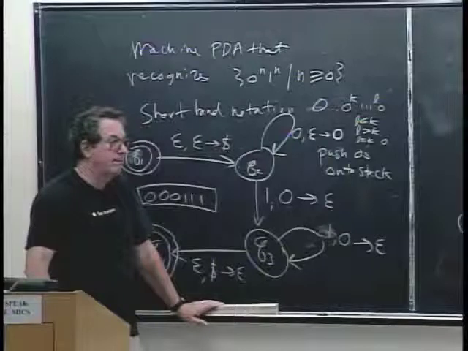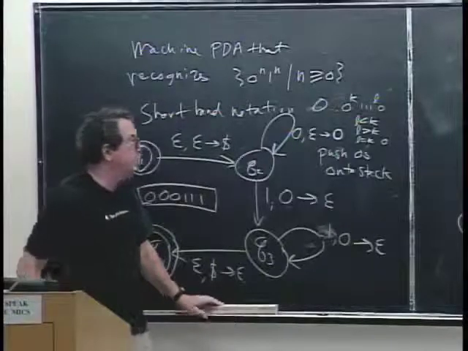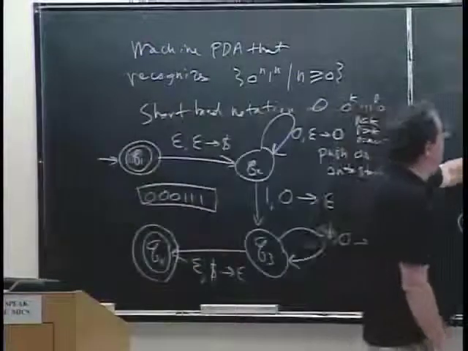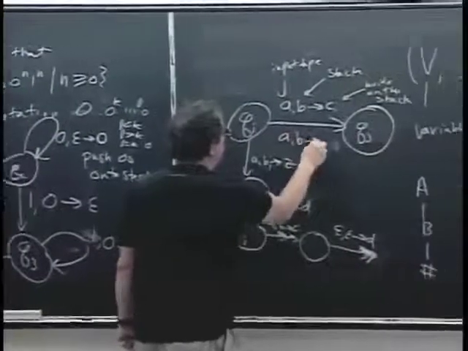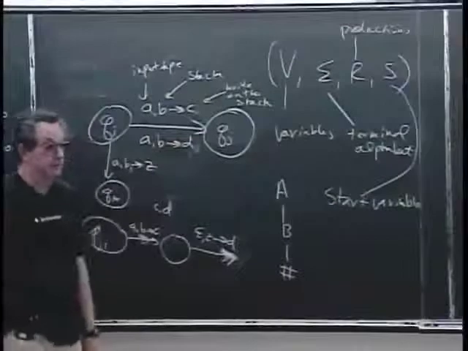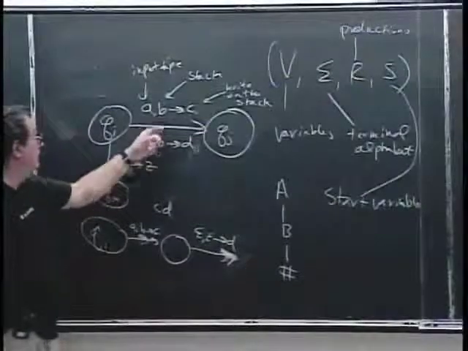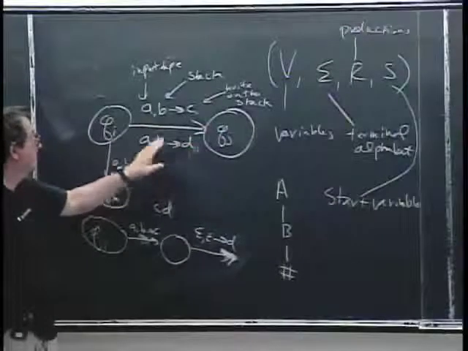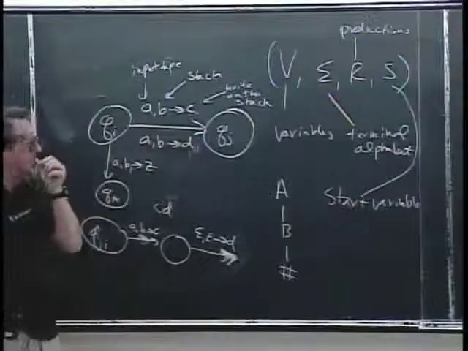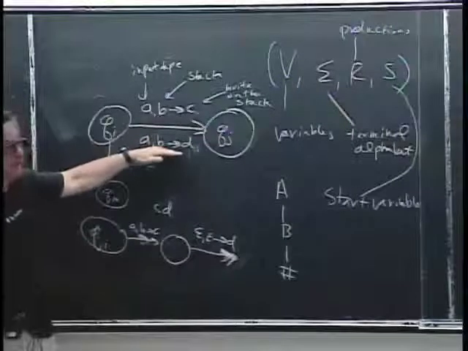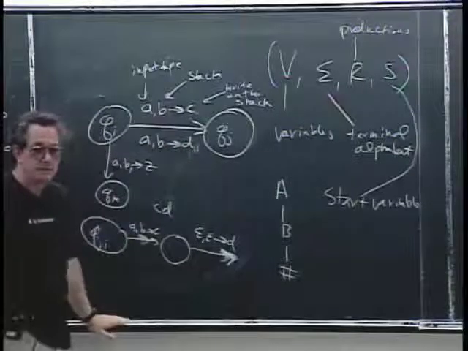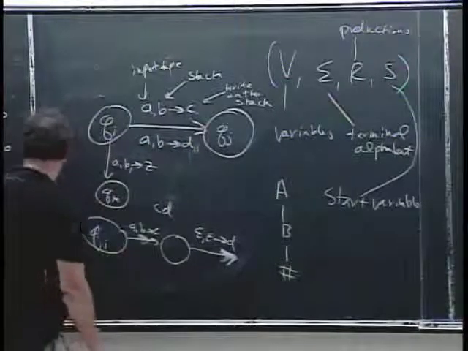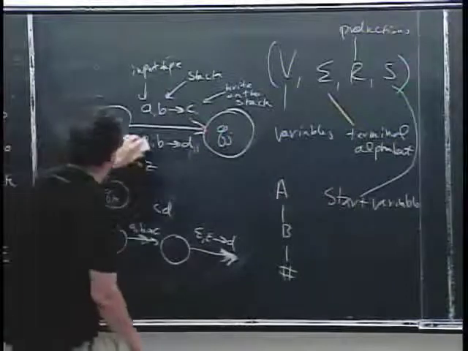Oh, so you're saying we could have a rule which is A, B goes to C, or we could have A, B goes to D. That's certainly permitted. This is a non-deterministic computation, so you decide either to do that one or that one. Could we say BB goes to C? Sure.